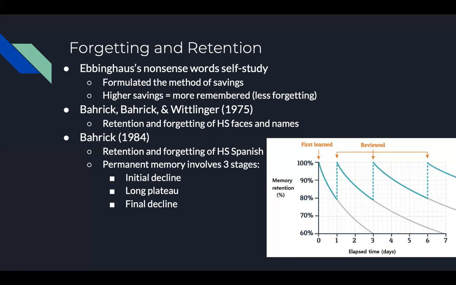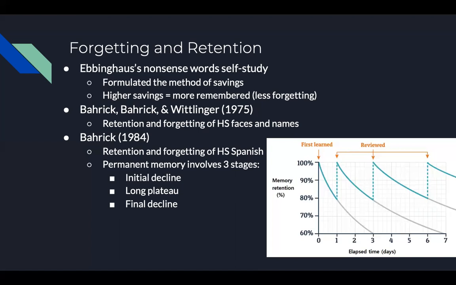And so some researchers by the name of Bahrick and Whitlinger conducted a more real life study, looking at what happens when we have to actually remember information that is meaningful, because that's often far more the case in real life than having to remember information that doesn't have any meaning to it.